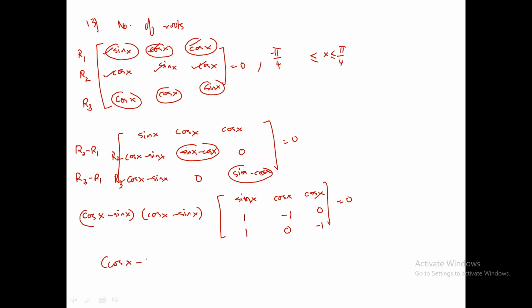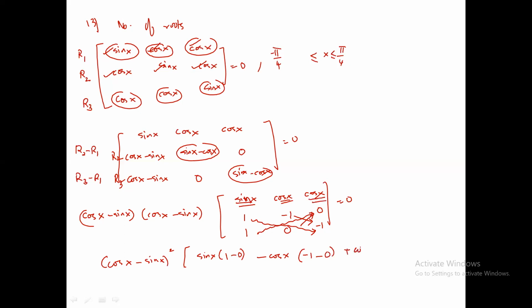So I have cos x minus sin x whole square and this I will expand along sin x, I have to multiply these two and these two. So 1 minus 0 minus cos x plus sin x over, now minus cos x into, I have to multiply these two. So minus 1 minus, I have to multiply these two. So 0.